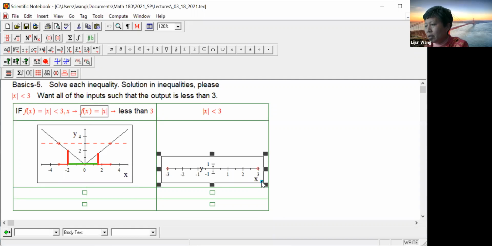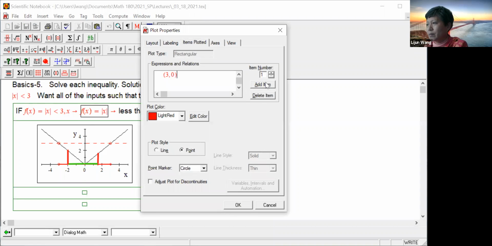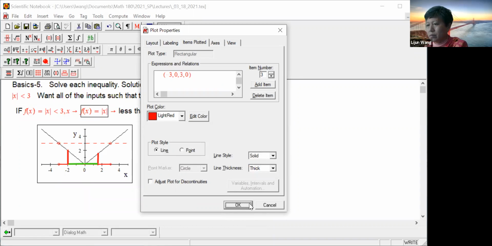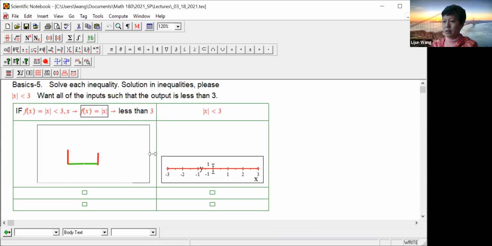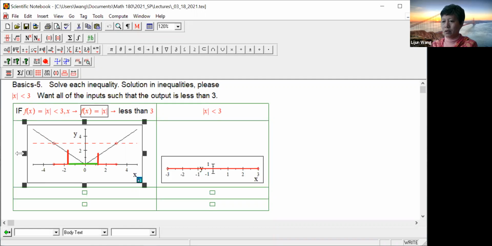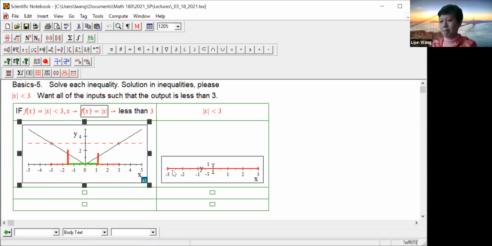Okay, on this piece, I can make this just a little bit wider so they're kind of comparable, right? From -3 to +3.